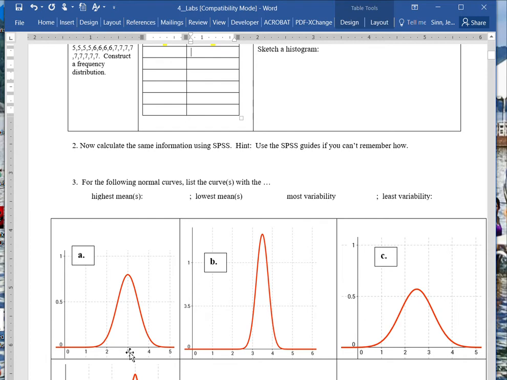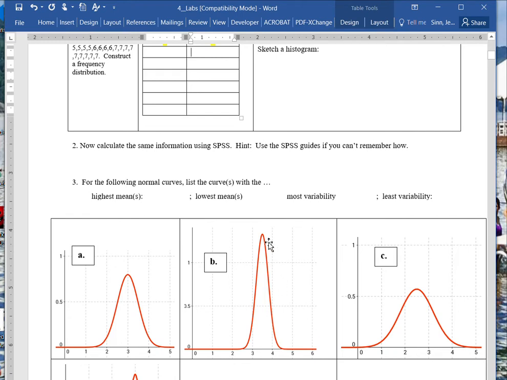Do not be confused by the height of the distribution and think that represents having a higher mean. In fact, the height suggests that the variability is lower. The scores are more tightly packed around the mean. So a spike here means low variability. The flatter it gets, the higher the variability.